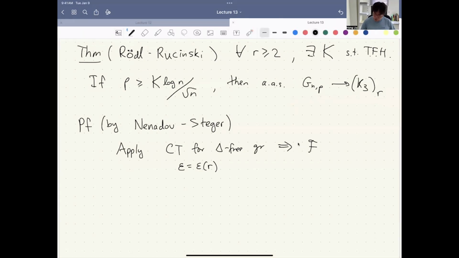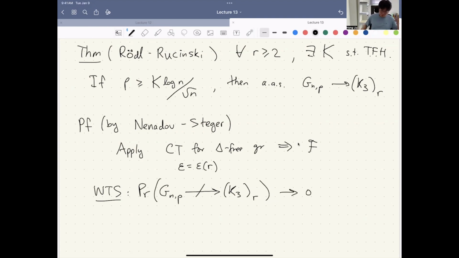We would like to show that the complementary event, meaning G(n,p) does not arrow K3, has probability that tends to 0. Okay? What does this event mean? Let's try to understand what this means.